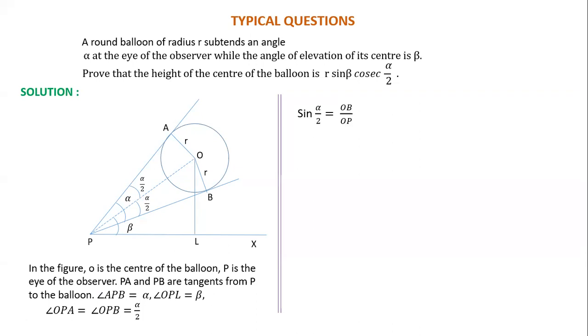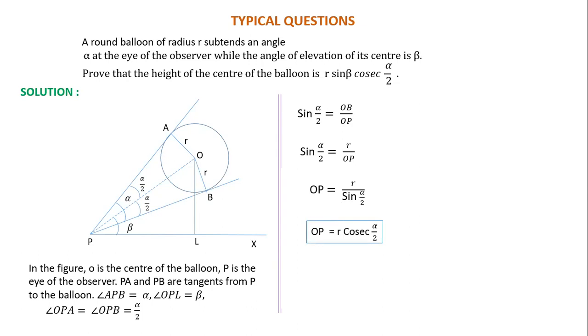But OB is r. So it becomes r upon OP. Bringing OP to this side, OP is equal to r upon sine alpha by 2. One upon sine is cosec, so OP is equal to r cosec alpha by 2.